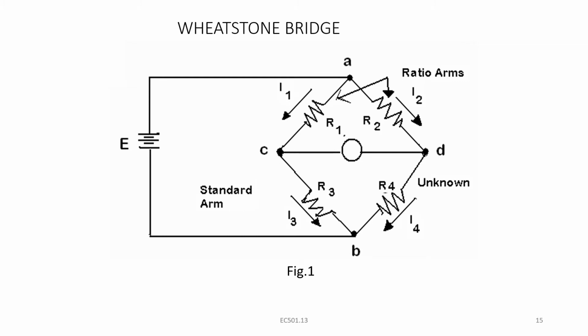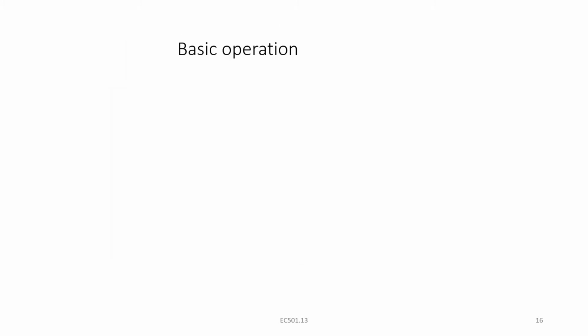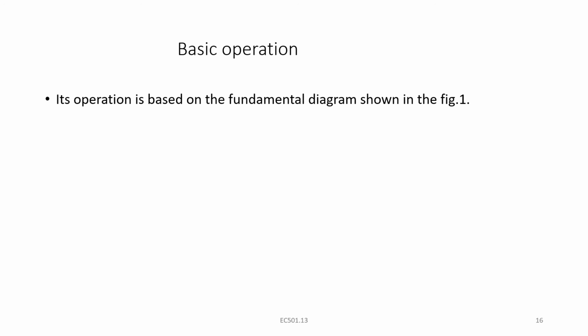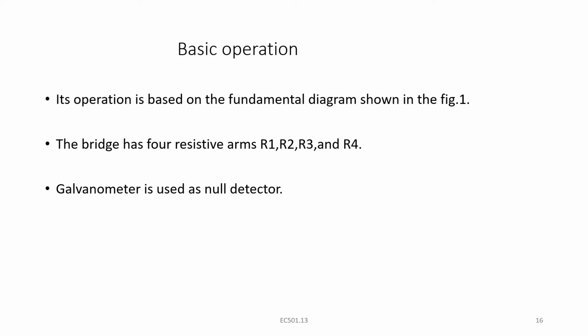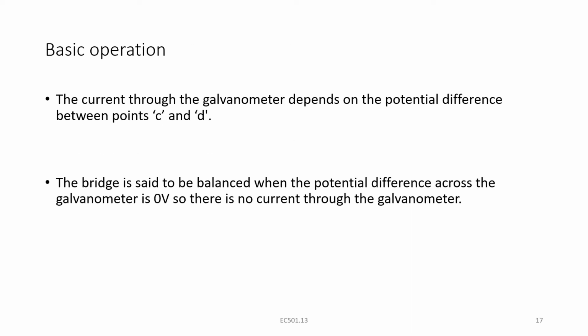R3 is the standard arm and R4 is an unknown resistor whose value has to be determined, and E is the DC excitation source. A galvanometer is used as a null indicator.